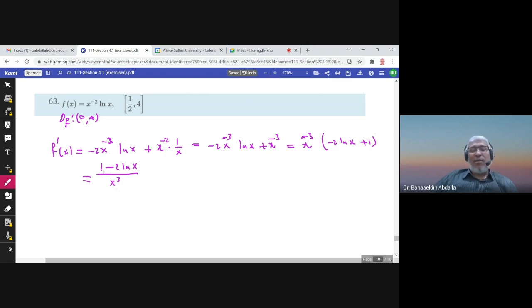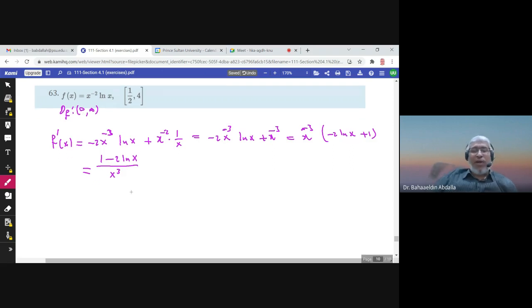Now f prime does not exist at 0, but 0 does not belong to the domain. And f prime is 0 when 1 minus 2 ln x equals 0. So when ln x equals half, or x equals e to the power half.